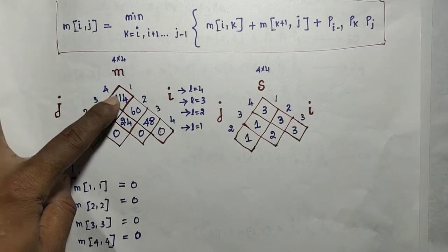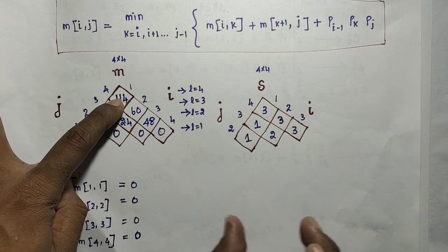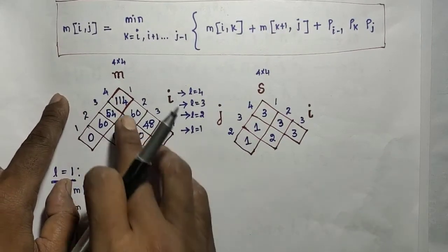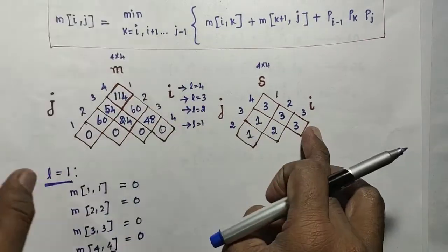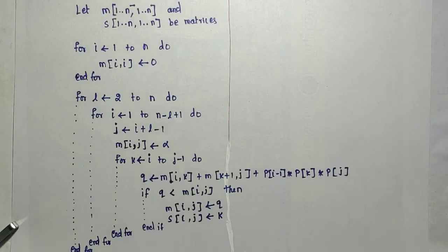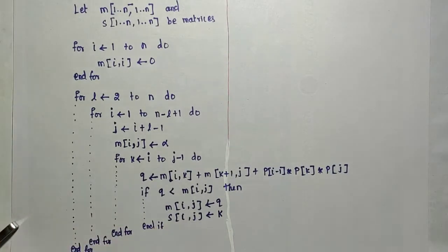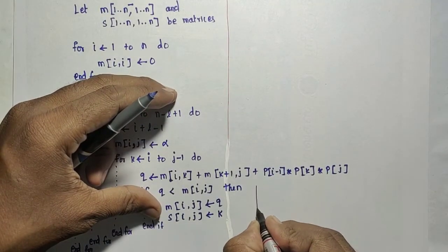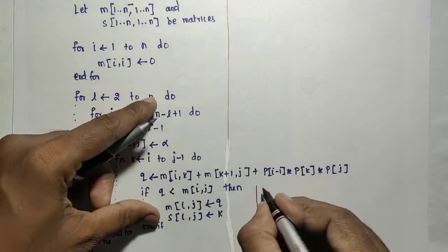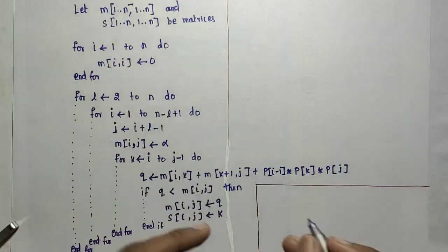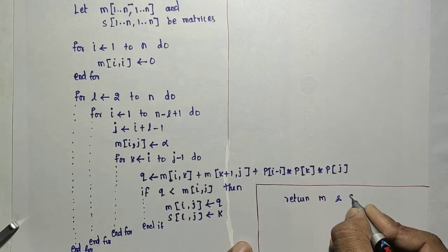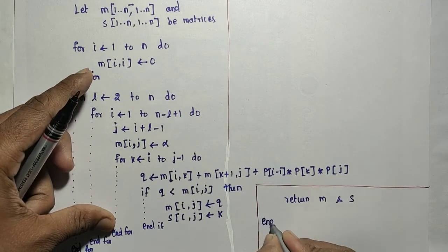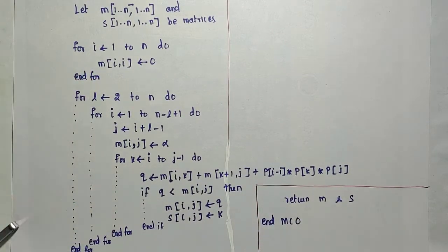Another algorithm will print the parenthesized matrix expression, and our required result will be there in m of 1 comma 4. So it returns m and s, and that ends the MCO algorithm.